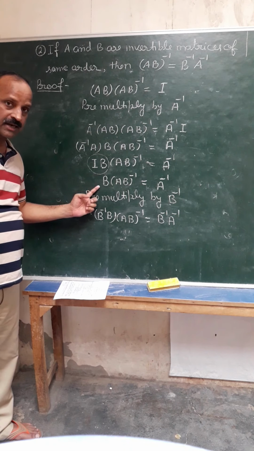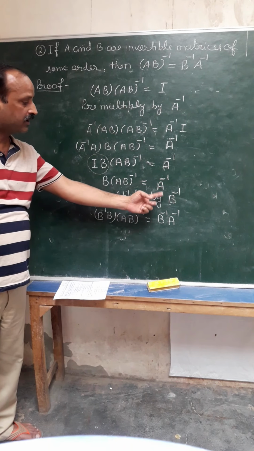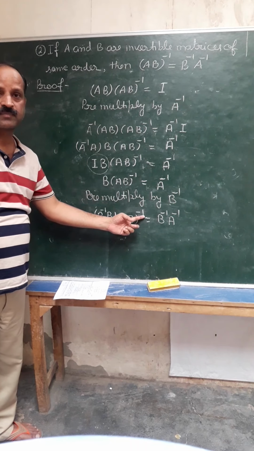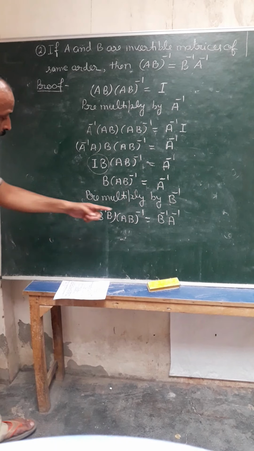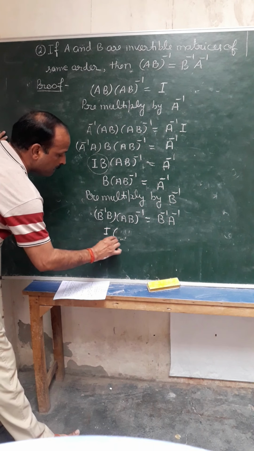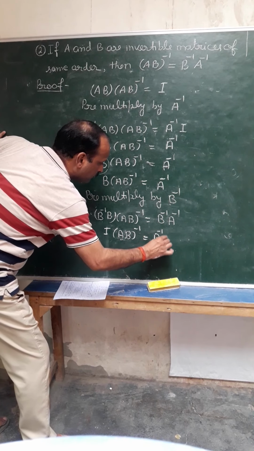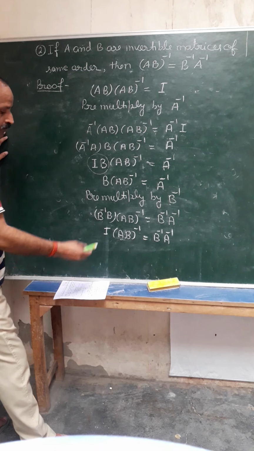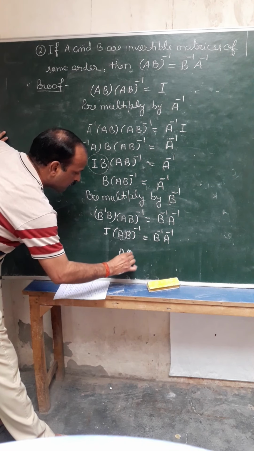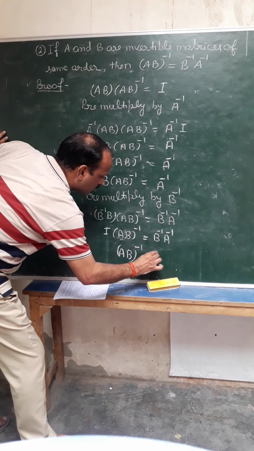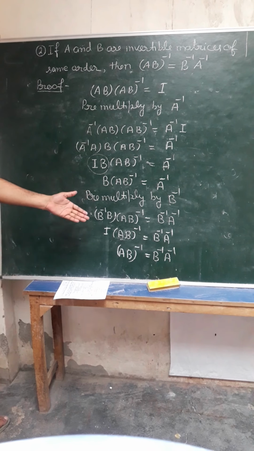If on the left hand side we are multiplying on the left, then on the right hand side we will multiply on the left. The order of multiplication in matrices is very important. Again B inverse B is I, and I multiplied by (AB) inverse will give you (AB) inverse is equal to B inverse A inverse, which we were required to prove.